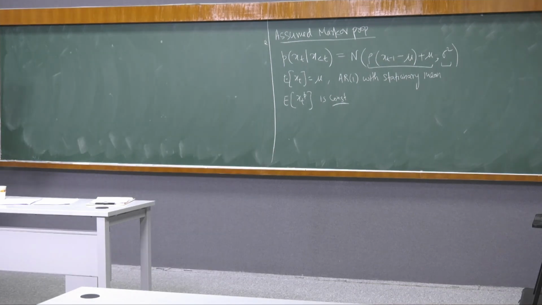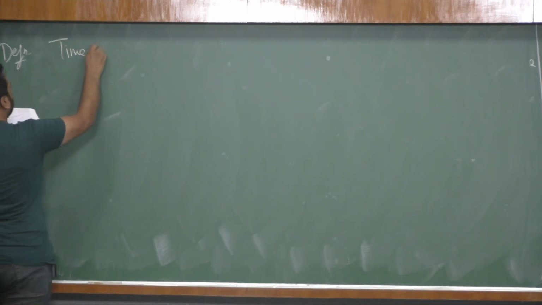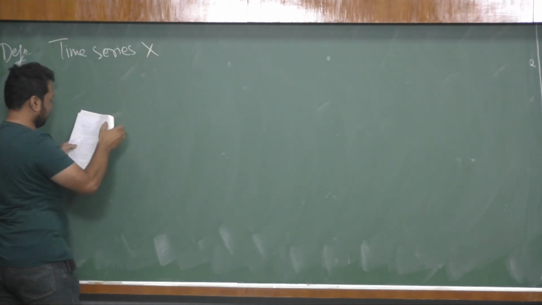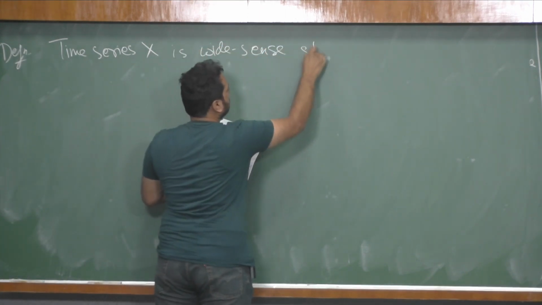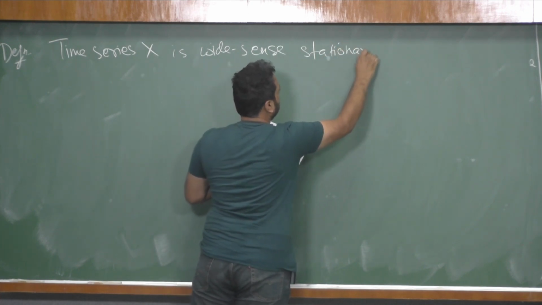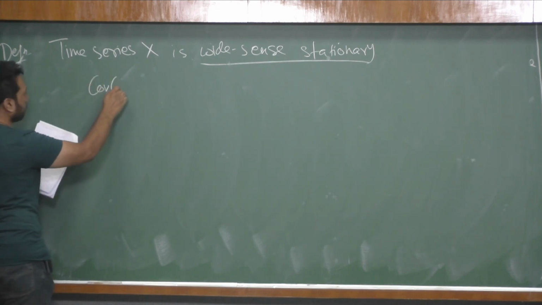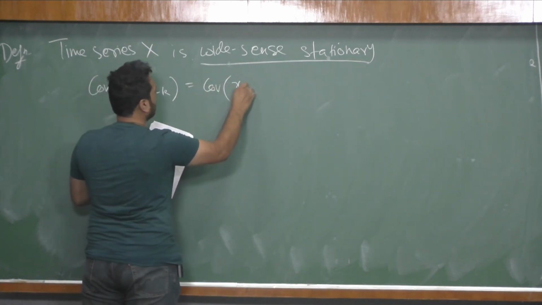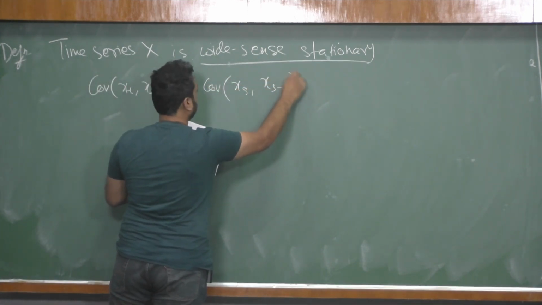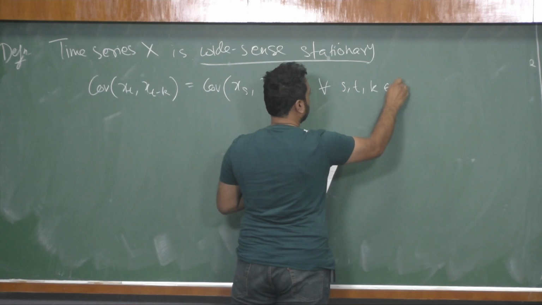Okay, so continuing, then, what we have written in the last class is we defined something called a time series x is wide sense stationary. So this is wide sense stationary when covariance of x_t, x_{t-k} is equal to covariance of x_s, x_{s-k}, and this is true for all s, t, k natural number.